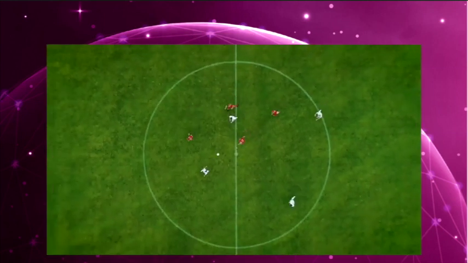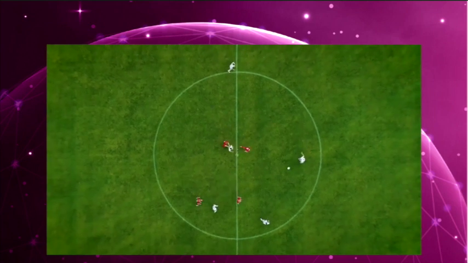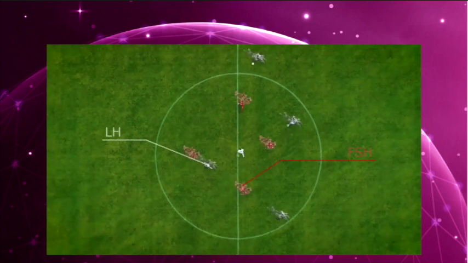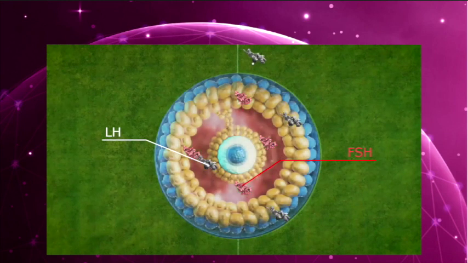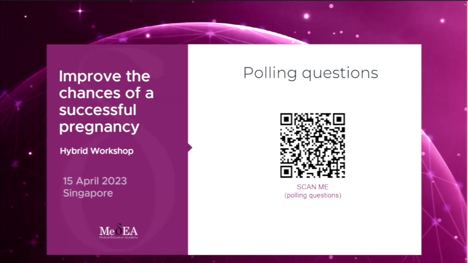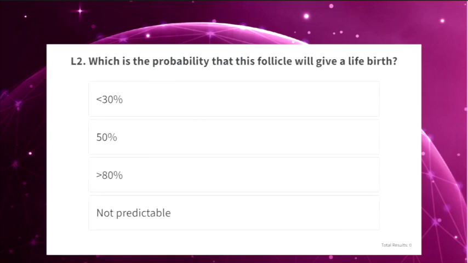Let's imagine that from this football, we move inside the follicle with FSH and LH, white. And so now we have this follicle that is growing during our stimulation. My question again, obviously we are kidding, but my question again is, what is the probability that this follicle will give a live birth?